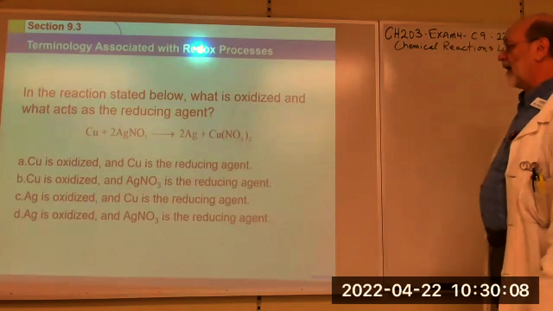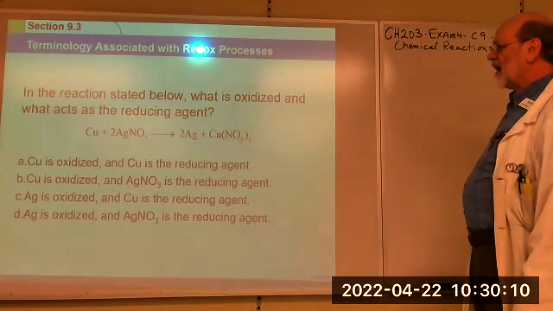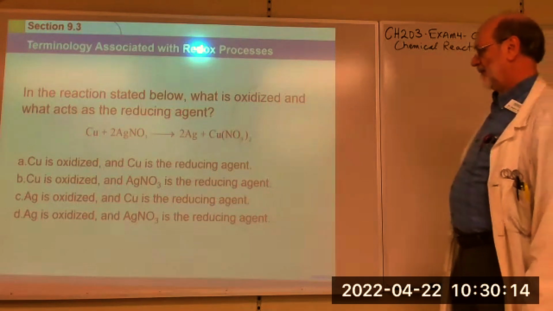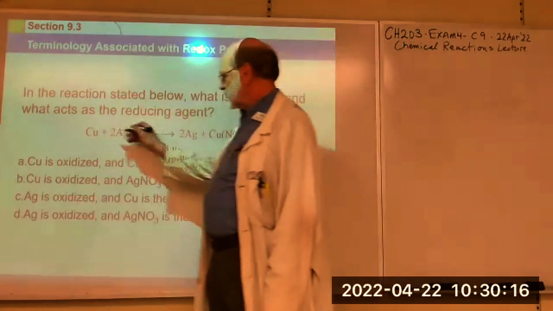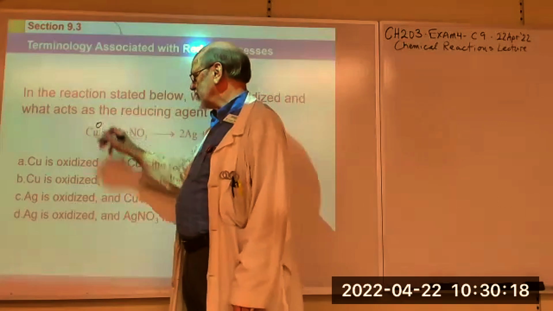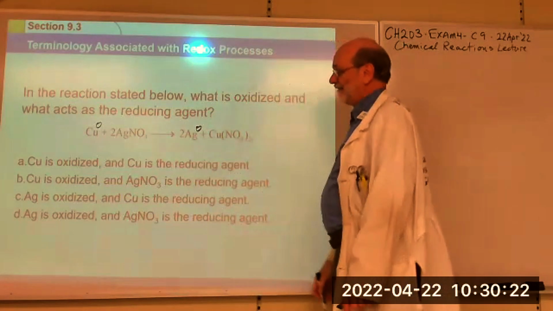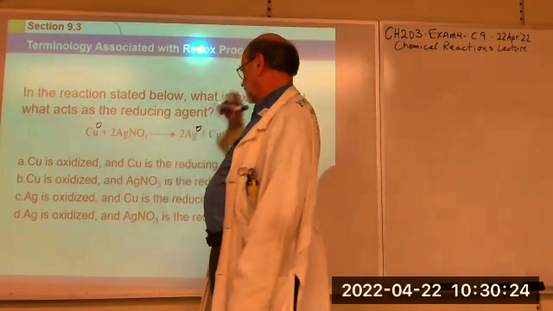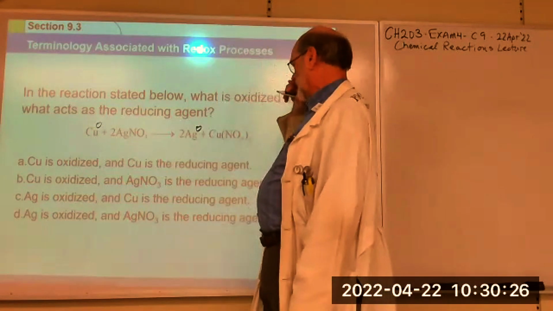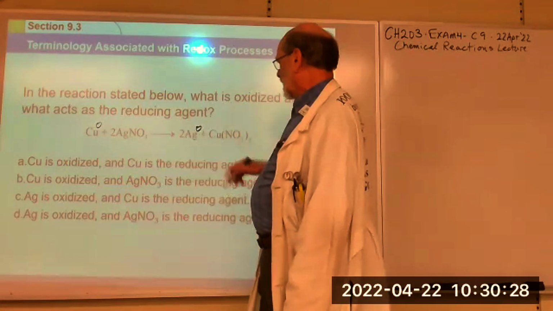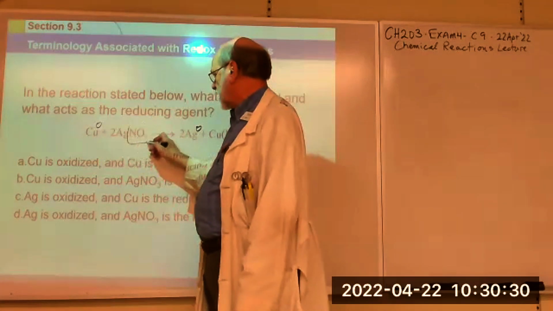Okay, so let's identify what is oxidized and what acts as the reducing agent. Let's see. Start with the easy ones. 0 and 0. Okay, so notice that the nitrate doesn't change.